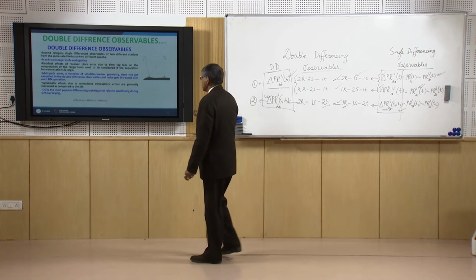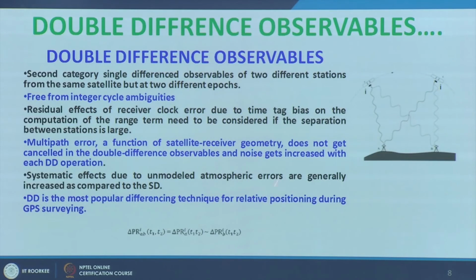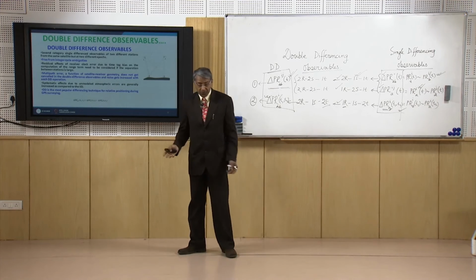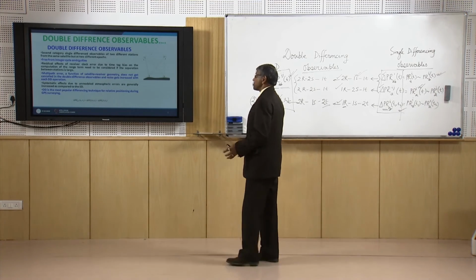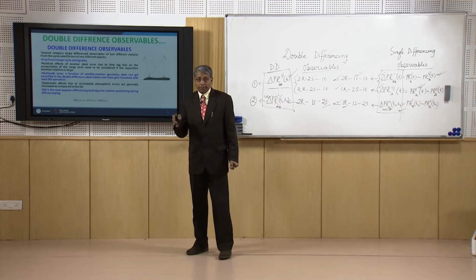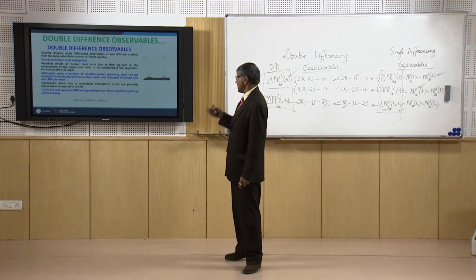will not be cancelled. Systematic errors due to unmodeled atmospheric error are generally increased as compared to single difference. However, double difference is the most popular differencing technique for relative positioning during GPS surveying, and most of the GPS positioning we do is based upon the double differencing method.